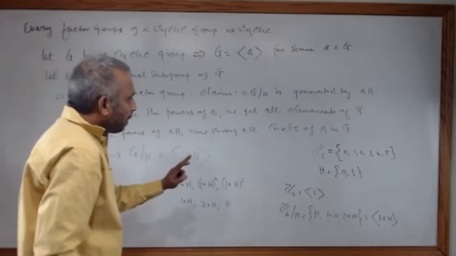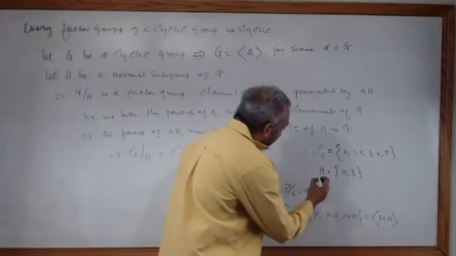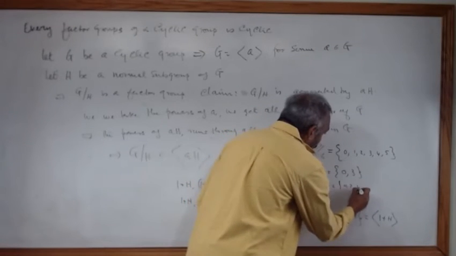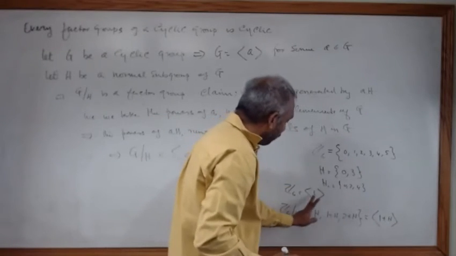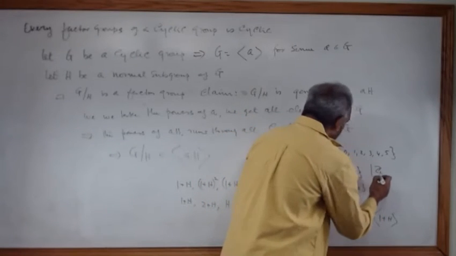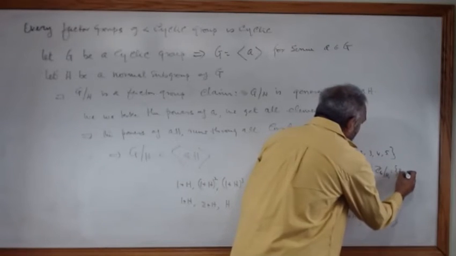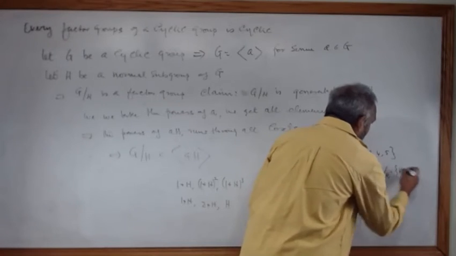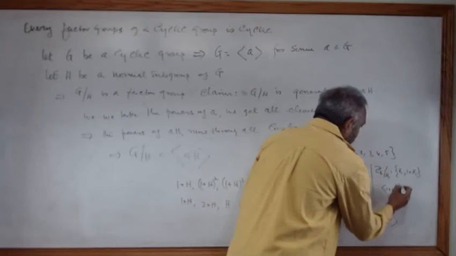See, the number of elements in the factor group may differ. For example, if you take another subgroup, let us say H1 equal to 0, 2, 4, still the factor group is generated by 1 plus H1. So here Z6 over H1 is H1, 1 plus H1. This also is generated by 1 plus H1.